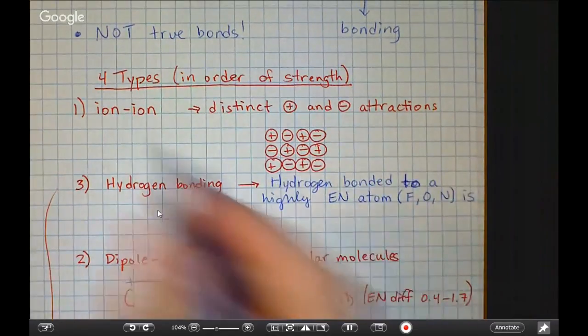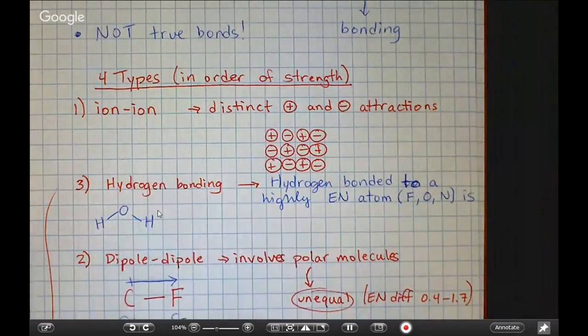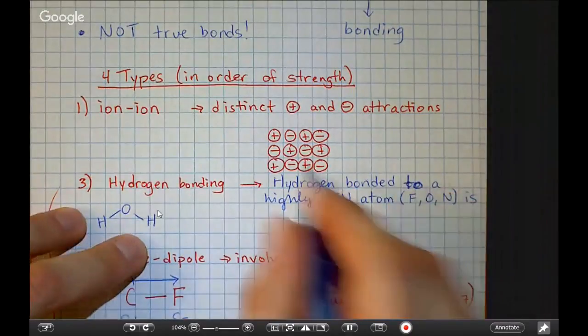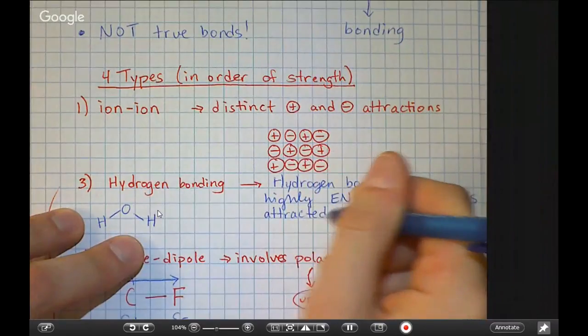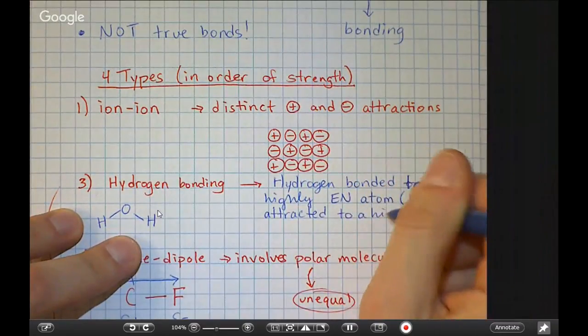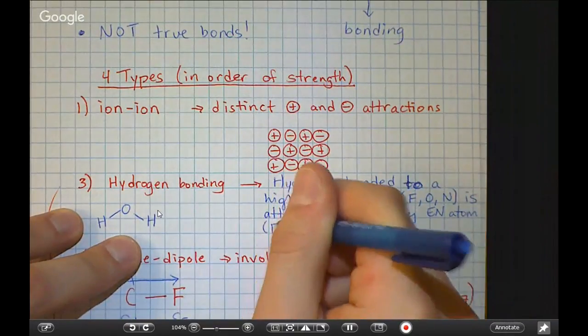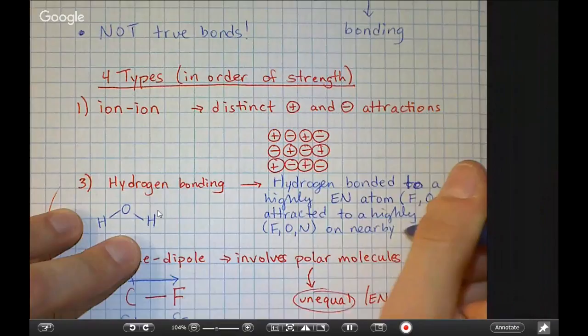So if we have, for example, water, oxygen is a highly electronegative atom. It has an electronegativity of 3.5, arbitrary value, but it's still a high value. And so we're saying that hydrogen is bonded to a highly electronegative atom like oxygen, and that hydrogen is attracted to a highly electronegative atom like fluorine, oxygen, or nitrogen on a nearby molecule.